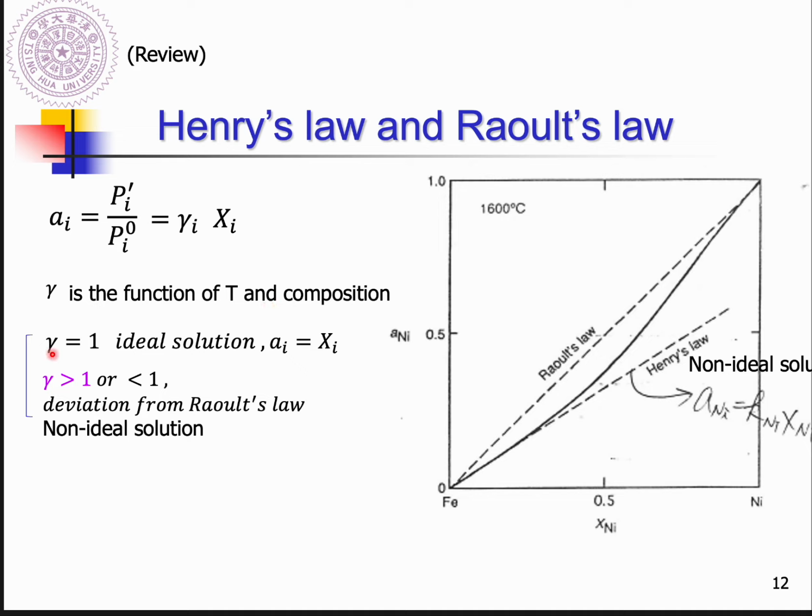And gamma equals 1. What does gamma equals 1 mean? When you plot A versus X, gamma equals 1 obeys this dashed line, right? Gamma equals 1 means A equals X. In this case, we call it an ideal solution.